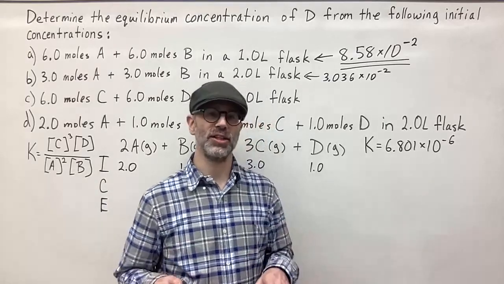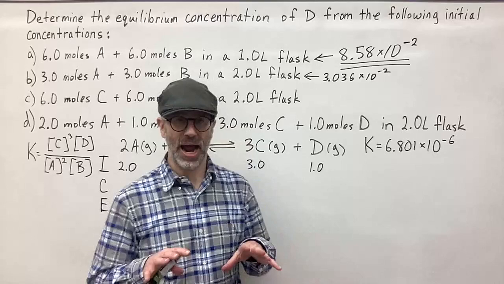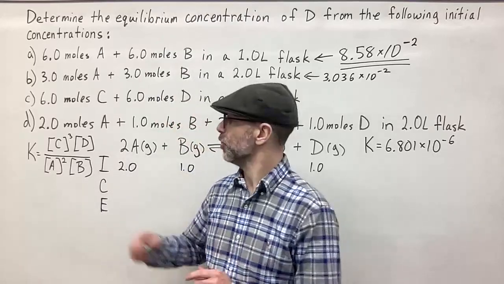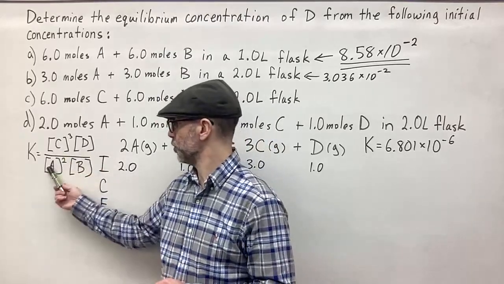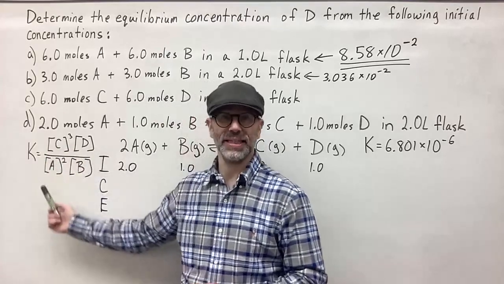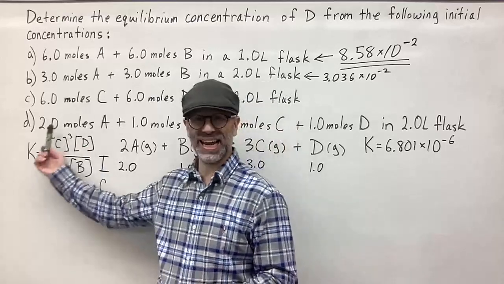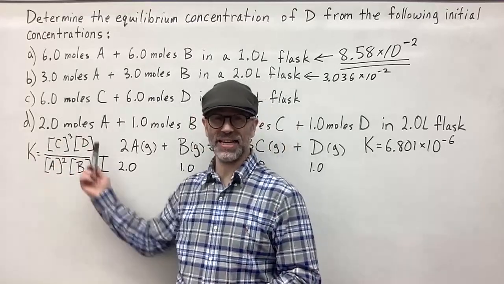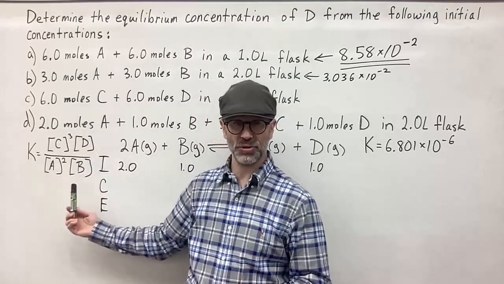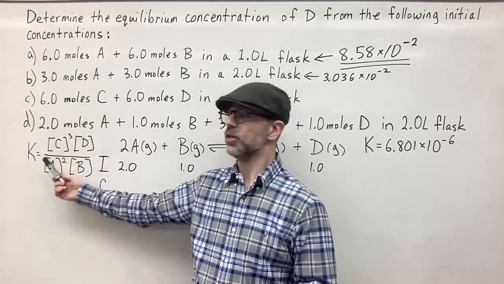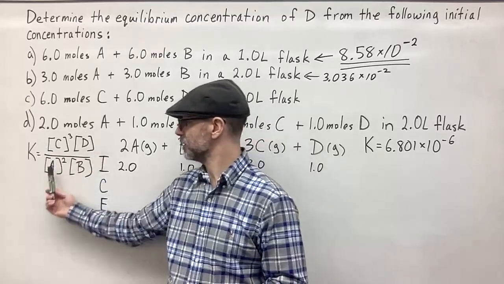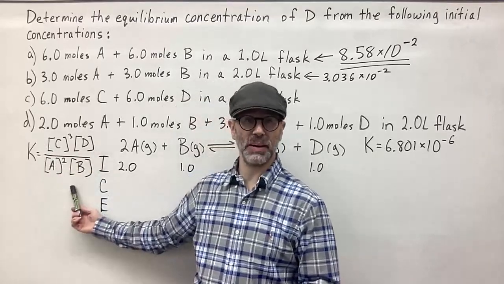So whatever the concentrations are at equilibrium, those are the concentrations you put into the formula to calculate K. Q is the exact same formula here, the exact same ratios, C cubed multiplied by D divided by A cubed divided by B.